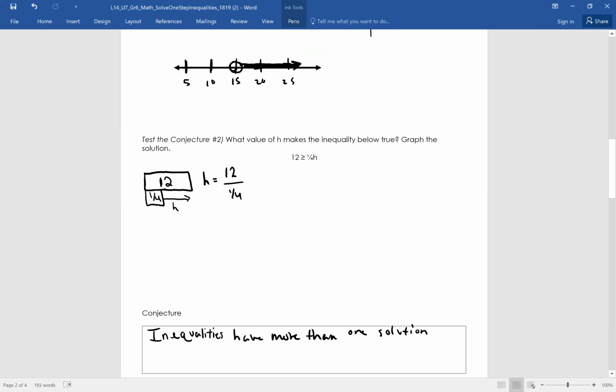Some of you might have gone and turned this to a decimal. That's okay, which means you did 12 divided by 0.25. I'll do both examples for you, so whichever you're comfortable working with, you can just use. So here's an example with fractions first, and then you'll see an example with decimals.